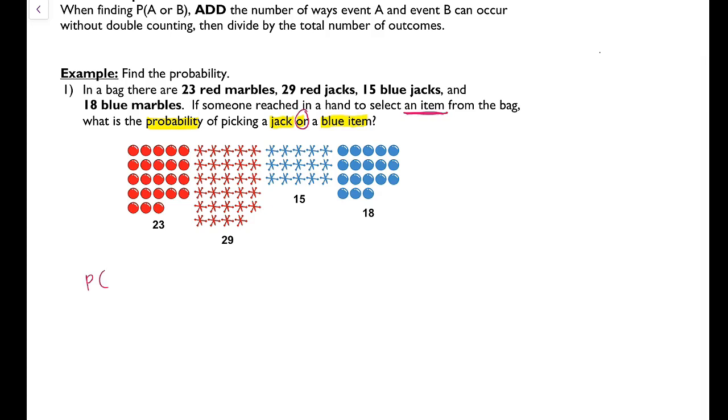Which means one way to solve it is using the addition rule. So the addition rule says the probability of picking a jack or a blue item is the following. That's equal to the probability of picking a jack plus the probability of picking a blue item minus the overlap, the probability of picking a jack and a blue item.